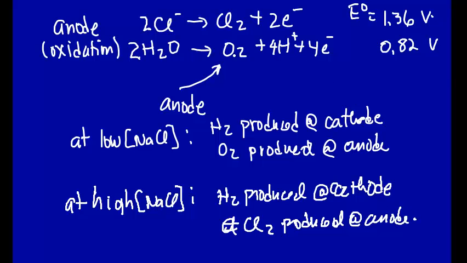So here we predict that O2, based on reduction potentials, would be produced at the anode, but in fact when you do the experiment at high sodium chloride concentration, you find, oh my goodness, Cl2 is being produced. So typically what you do is you make up some sort of name for the fact that what you predicted didn't happen, and the name for this phenomenon is called overvoltage.